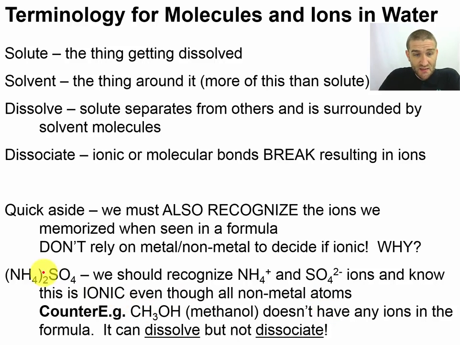We've got to be able to recognize these larger polyatomic ions very quickly. We also have to recognize when they aren't going to be ions at all. Like this one, we might recognize OH as being OH minus. When we think that it might be something that dissolves and dissociates, what we have to do is look at the other remaining chunk and say, is that something that would be likely to be stable?